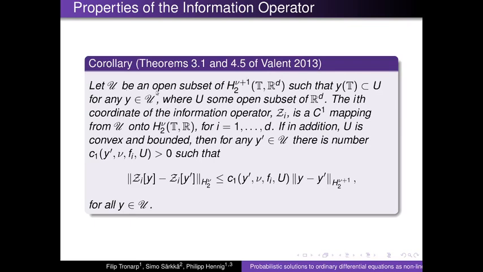And so if we have some open subset of our Sobolev nu plus 1 space, such that all of those elements take values in some open set in Euclidean space, then the ith coordinate of the information operator is a continuously differentiable mapping from this open set in the Sobolev space onto a Sobolev space of one less smoothness for each coordinate.